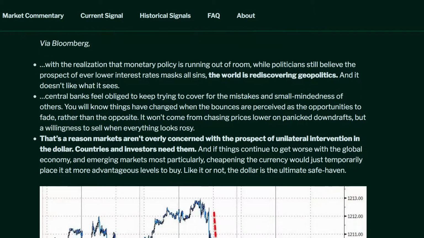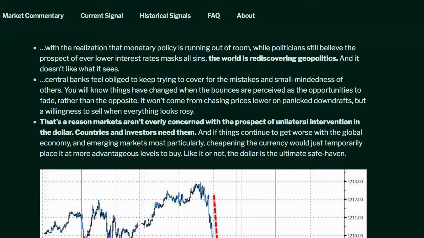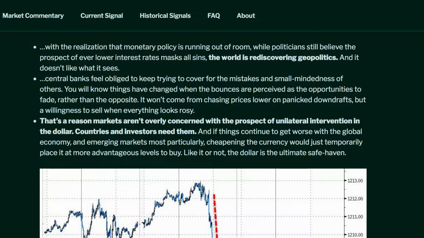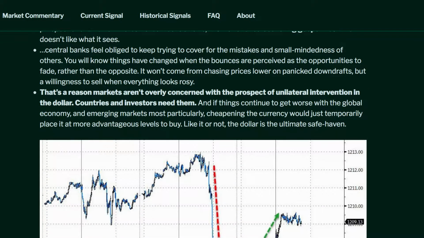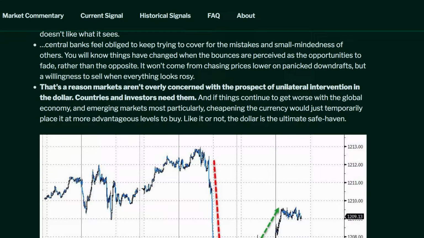Central banks feel obligated to keep trying to cover for the mistakes and small-mindedness of others. You will know things have changed when the bounces are perceived as the opportunities to fade rather than the opposite. It won't come from chasing prices lower on panicked downdrafts, but a willingness to sell when everything looks rosy.